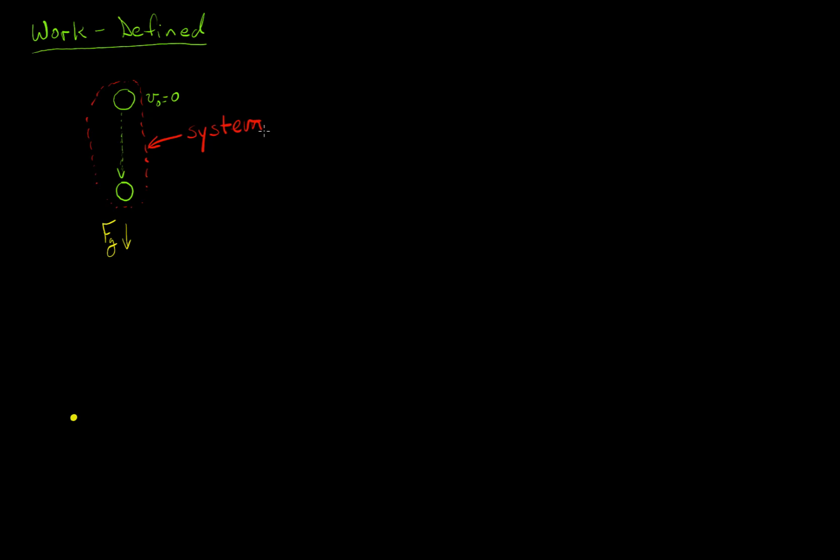And so work is going to be an external force, something outside the system, out here in the environment, which is acting on the system to put energy into it or to take it out. So in this case, the force of gravity is actually putting energy into this, and we'll define energy in a later section. But it's putting energy in, and we can see that energy. It's getting faster and faster, so it's becoming more energetic.